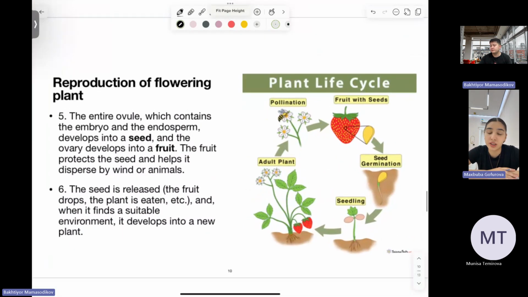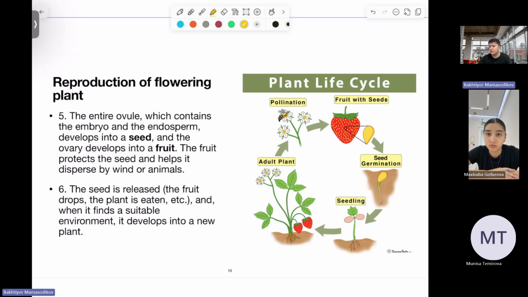No questions. Clear. This is about how the seed and the fruit is going to form. So you know about it, from the ovule they form the seed, and from the ovary they develop the fruit. You can differentiate the ovule from the ovary, right?